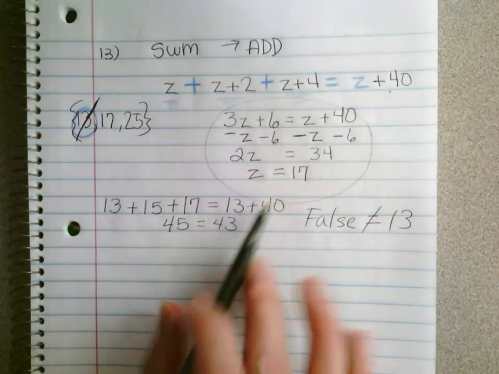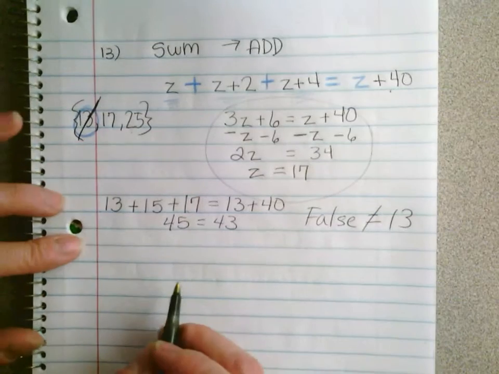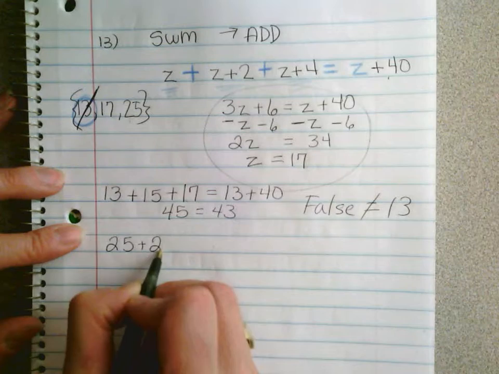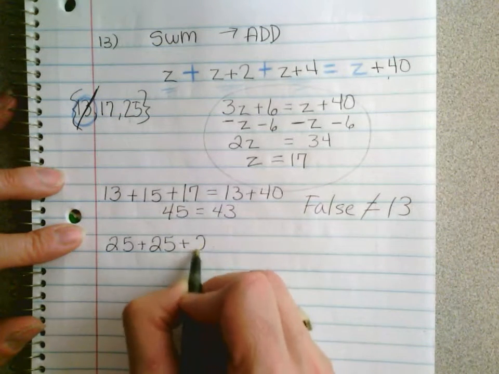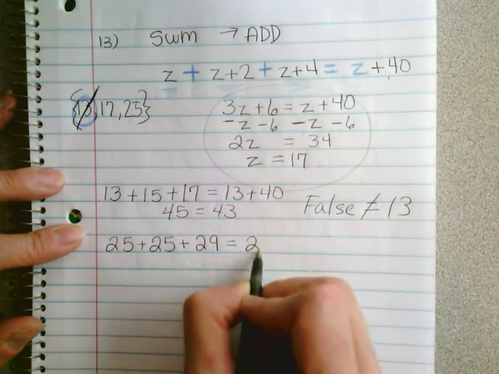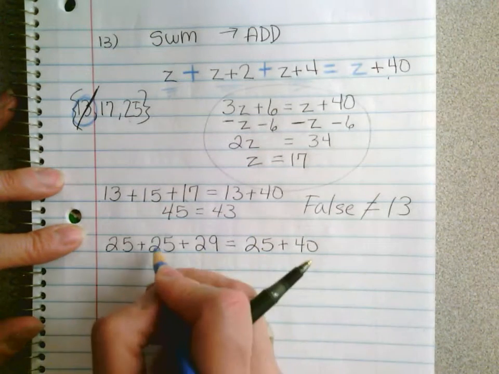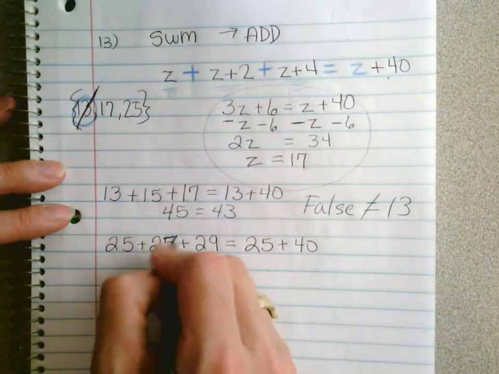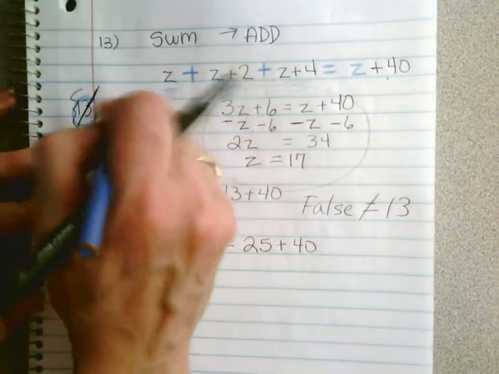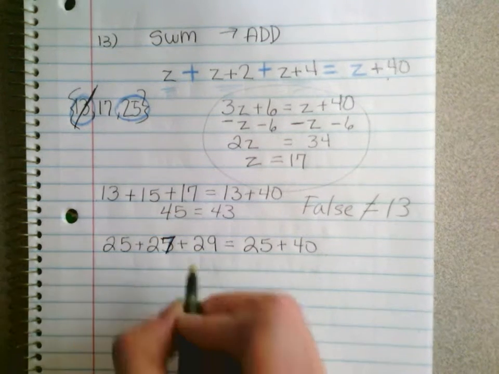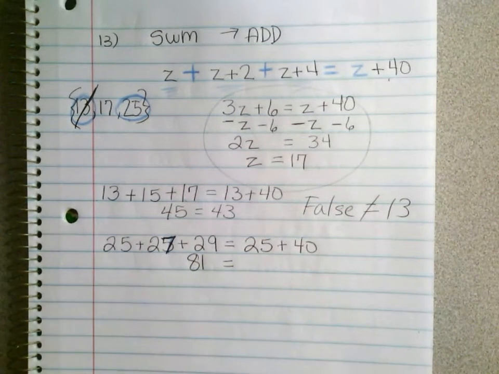I've already shown you that the answer is 17, but let's test 25 anyway. 25 plus 2, 27 plus 2, 29 is 25 plus 40. 27. Thank you. So we're testing this one. Can someone check my arithmetic on the left?